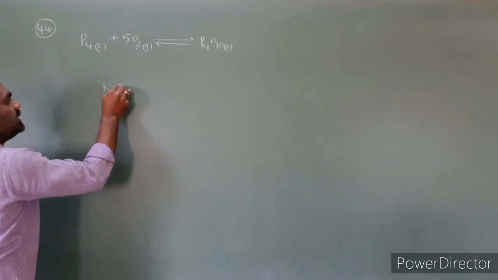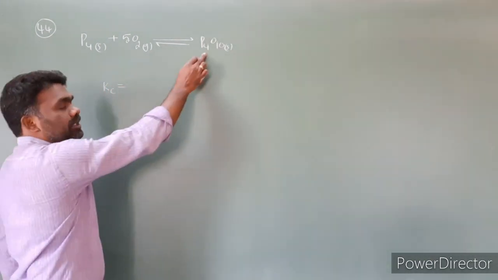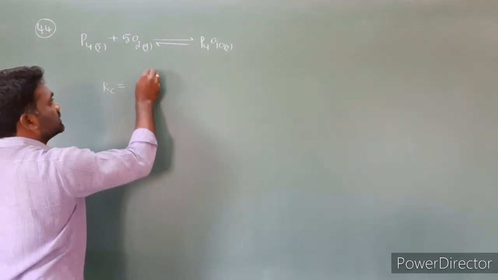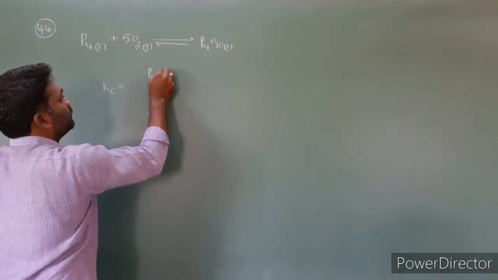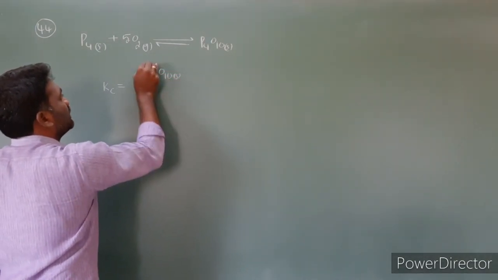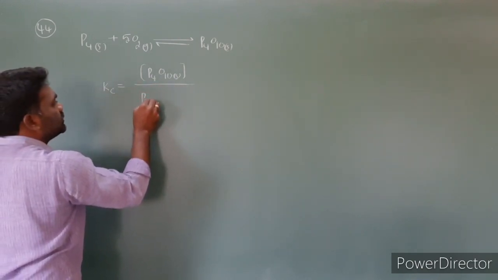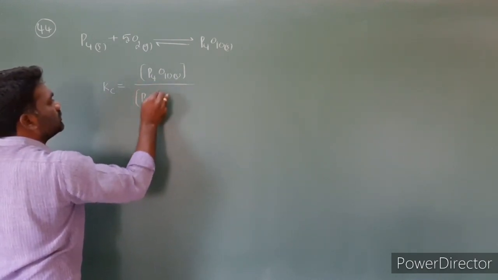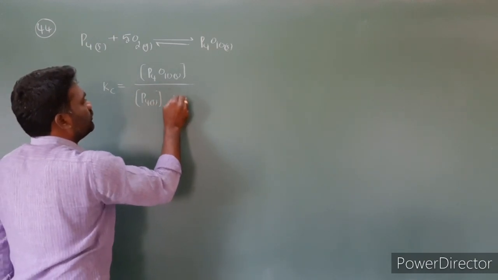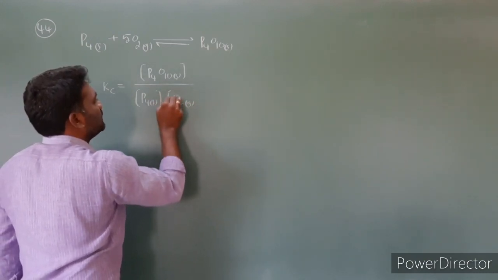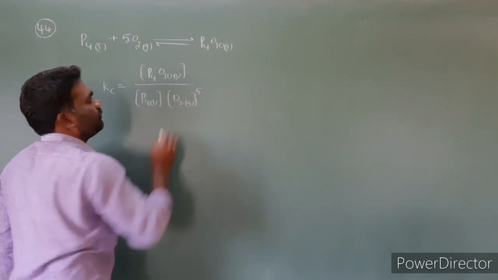So first we have to write the equilibrium expression. Equilibrium constant Kc is equal to concentrations of products by concentrations of reactants. So P4O10 solid concentration by concentration of P4 and concentration of O2 power 5.